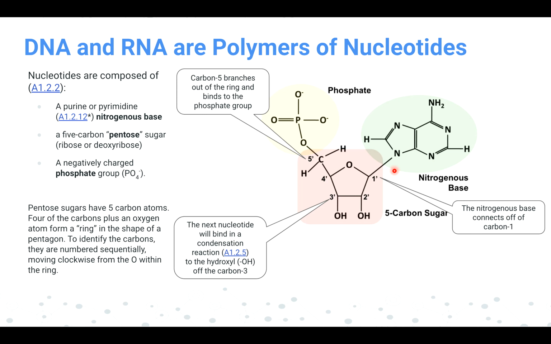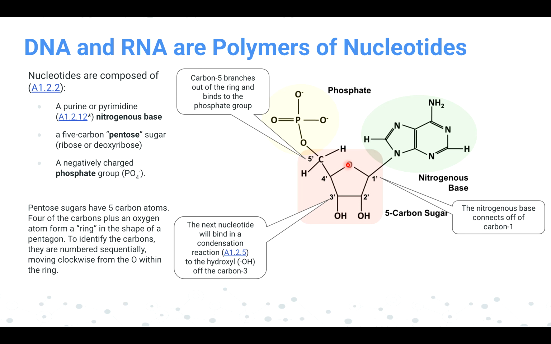Nucleotides consist of a nitrogenous base, which is a purine or pyrimidine, a pentose sugar, and a phosphate. Right? Pentose sugar has 5 carbons. 4 of the carbons plus an oxygen make a ring. You can see 1, 2, 3, 4 carbons and 1 oxygen in a ring, and the shape looks like a pentagon.